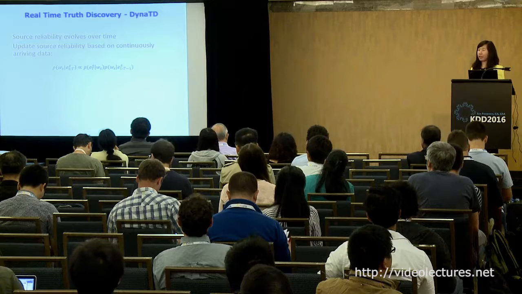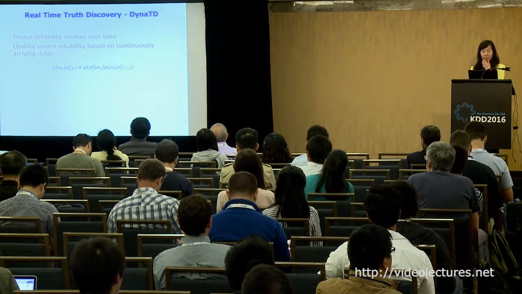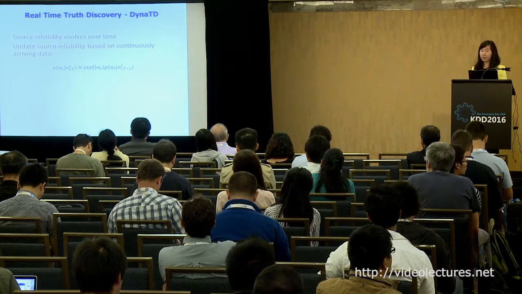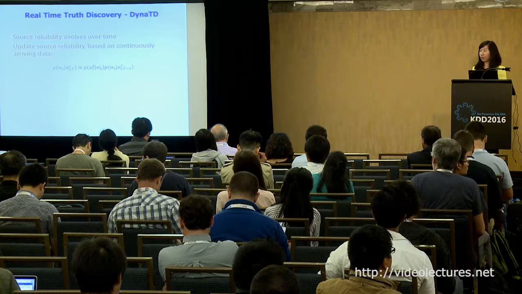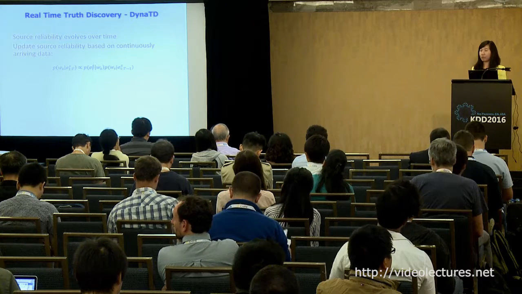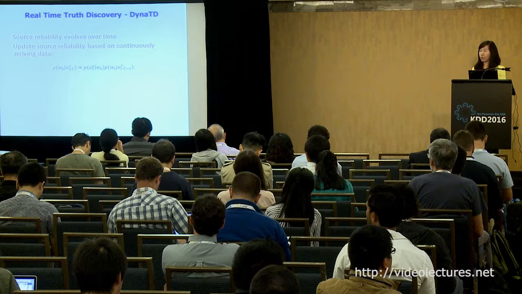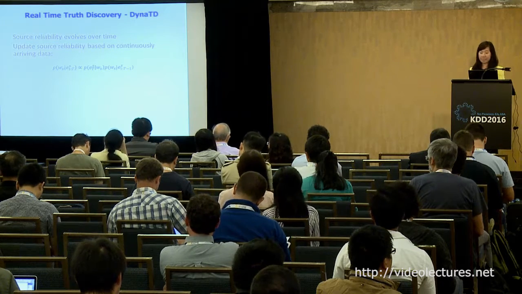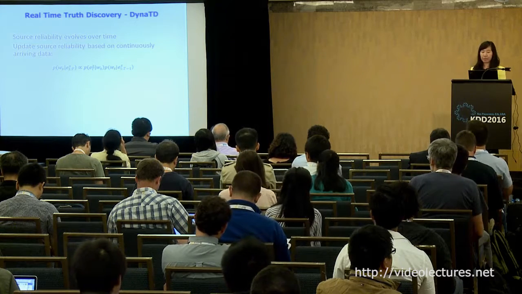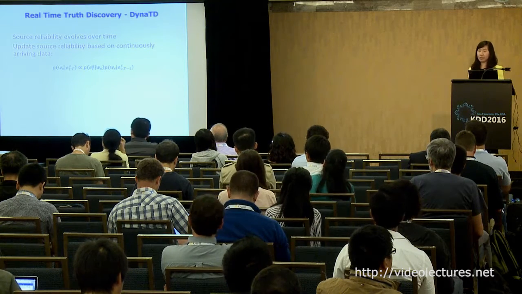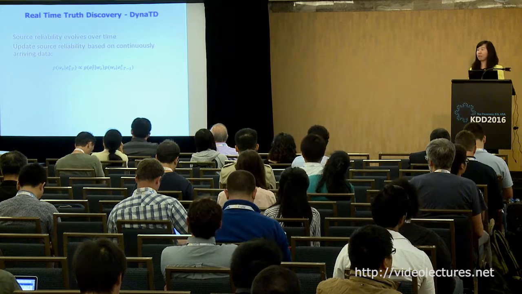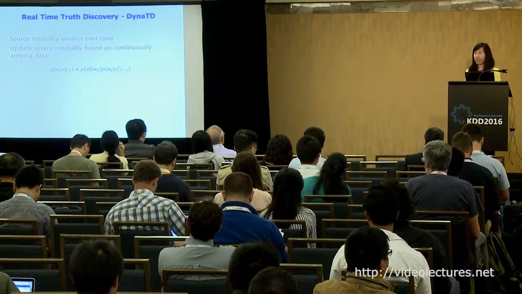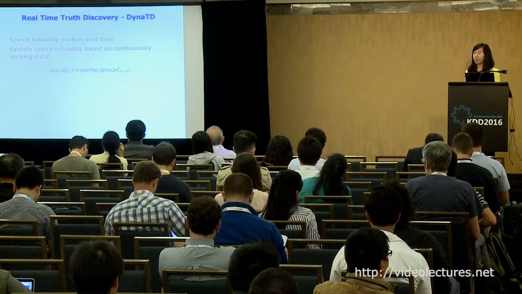So basically here, when each new data chunk arrives, we first update the source reliability. This source reliability is encoded in this probability of WS given the error observed so far. Suppose the current time is T, then this probability of WS given the error observed until time T can be updated based on the probability of WS based on the error observed till T minus 1.